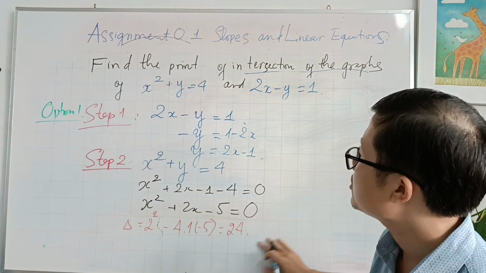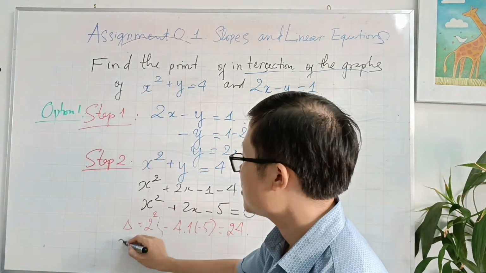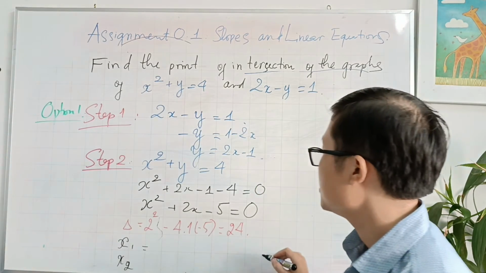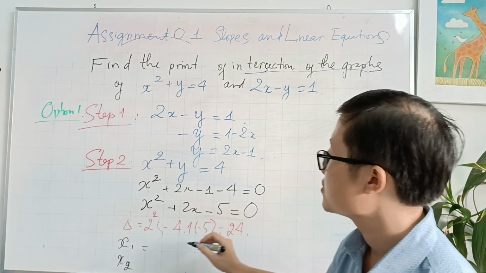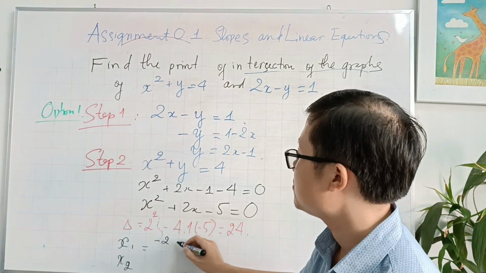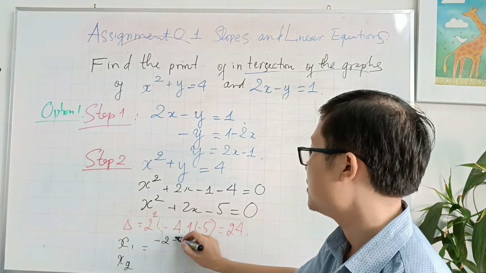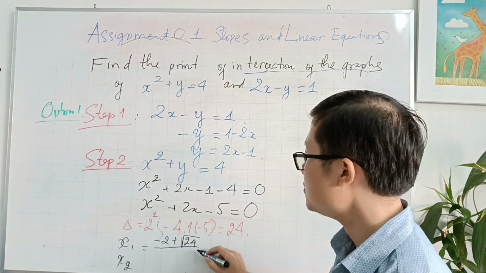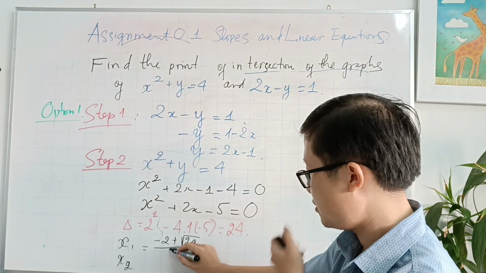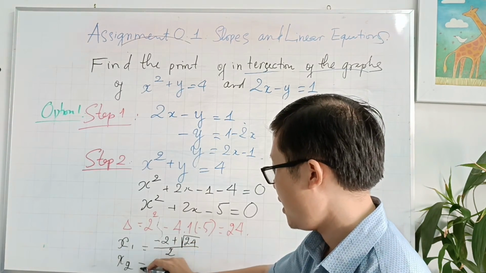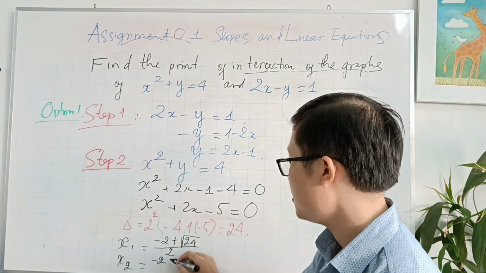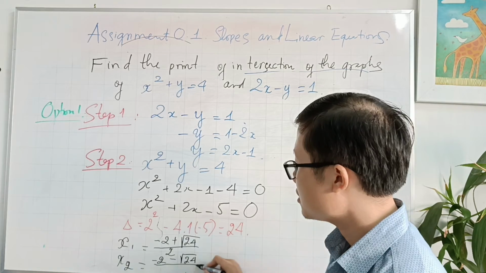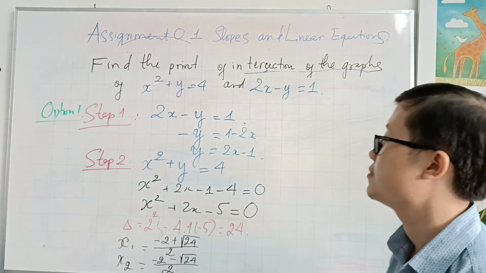And we have x1 and x2. It is negative b plus square root of 24 over 2a, and negative b minus square root of delta over 2a.